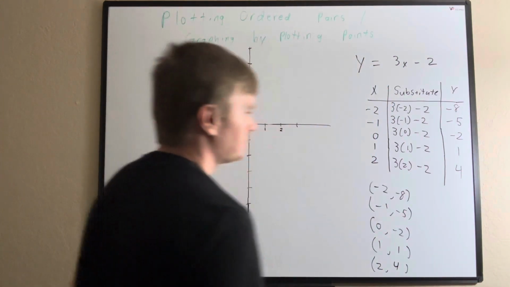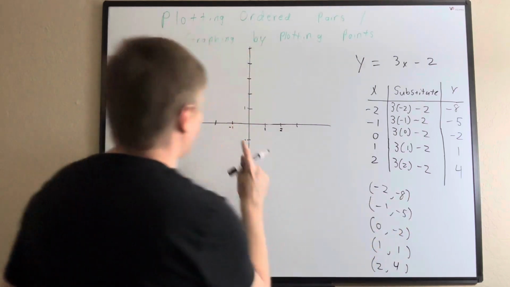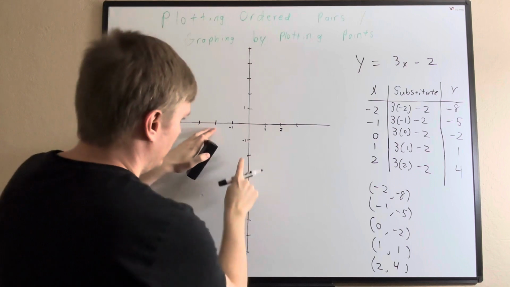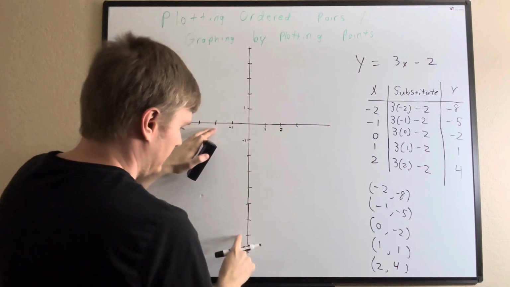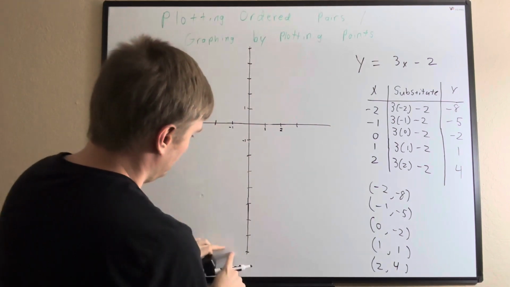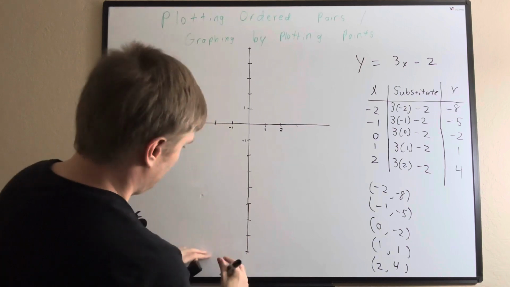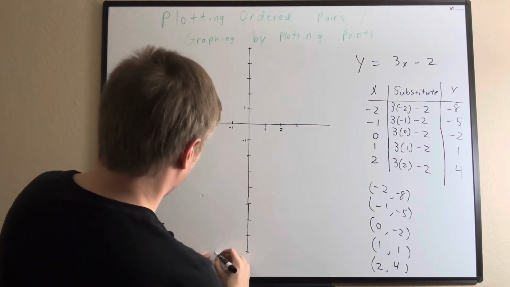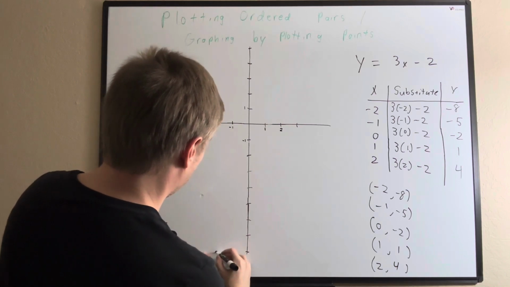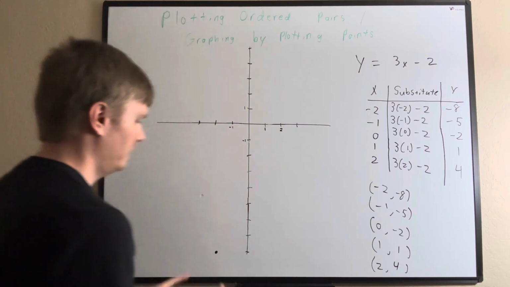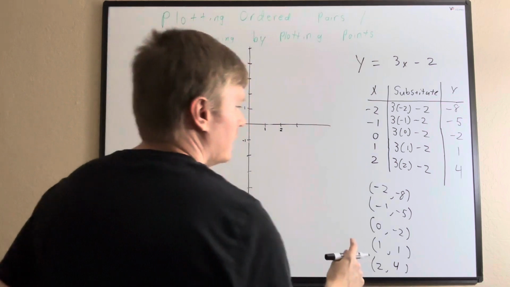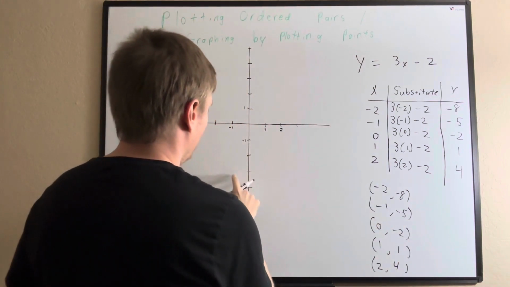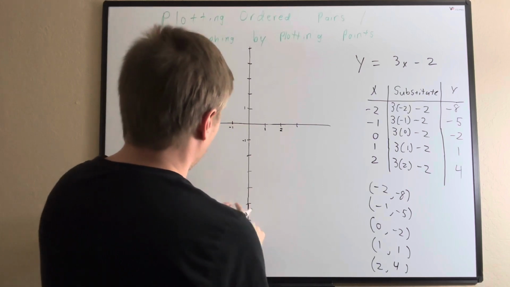Anyway, -2, -8. 1, 2, 3, 4, 5, 6, 7, 8. Whoa, all the way down here. Try and line that up. There we go. There's our -2, -8. -1, -5. 1, 2, 3, 4, 5.